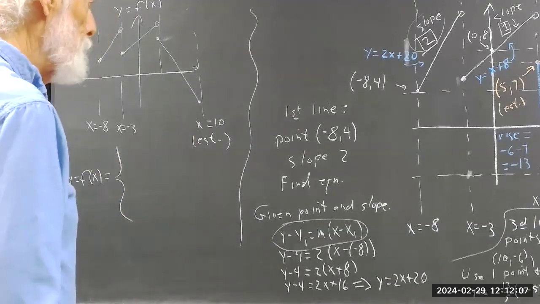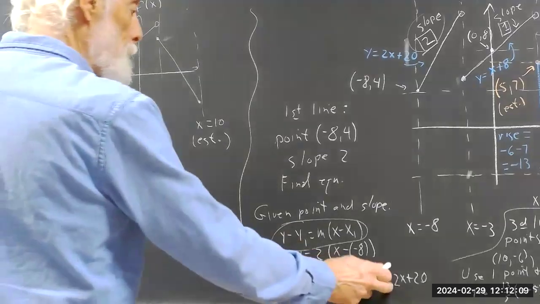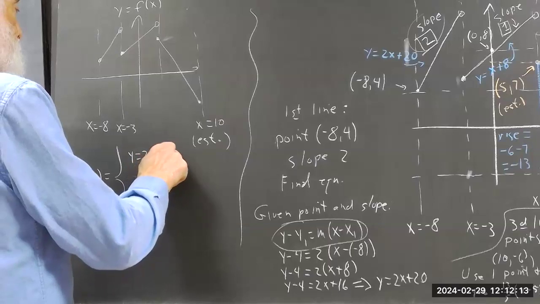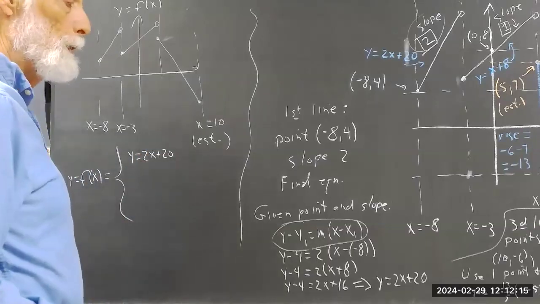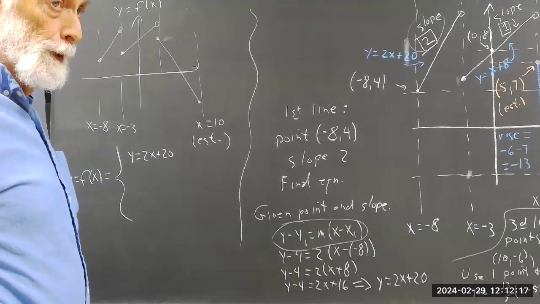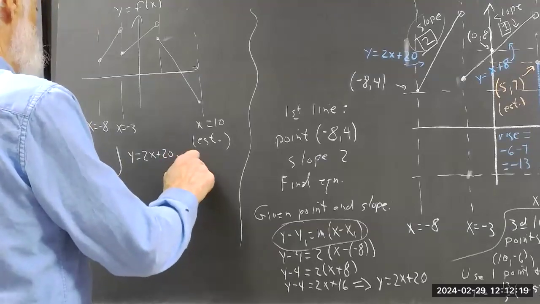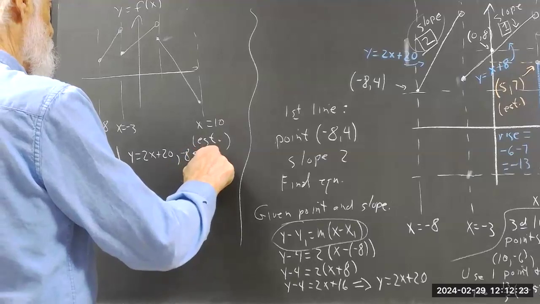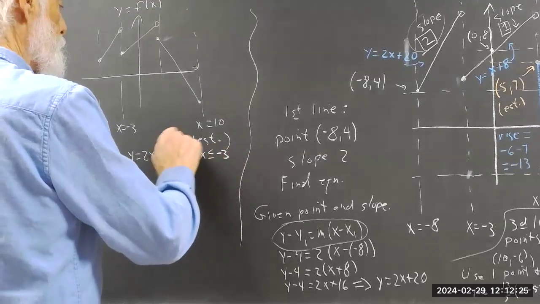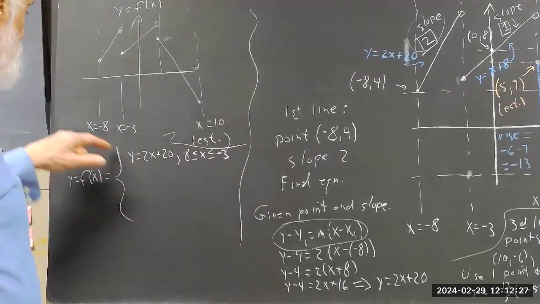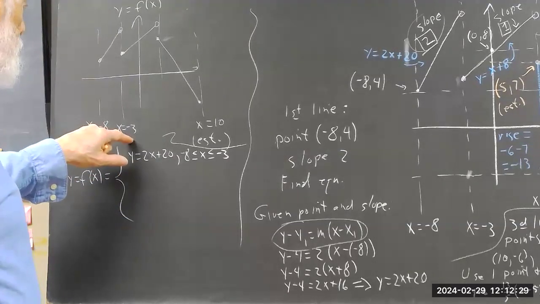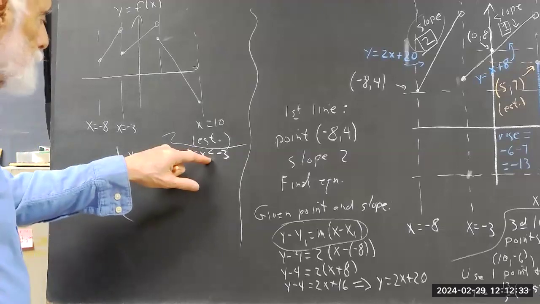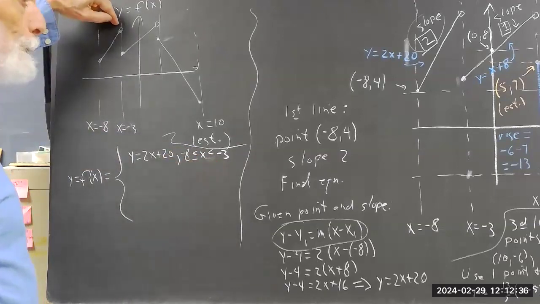The first definition, first function, is y equals 2x plus 20. And that's true if x is between -8 and -3. But it doesn't work when x equals -3 because that point ain't there.